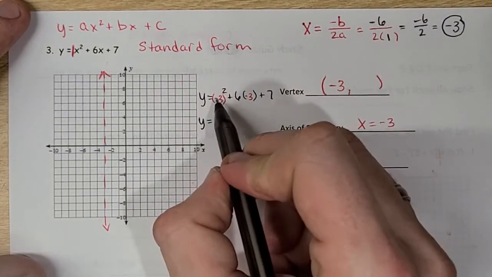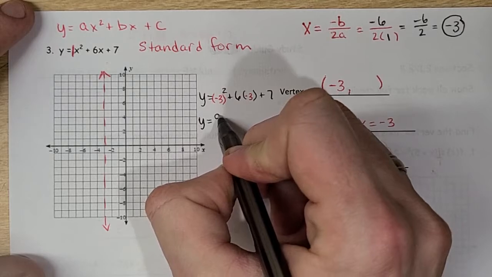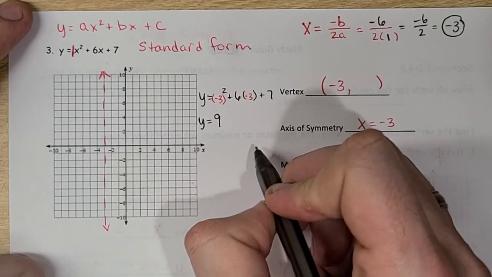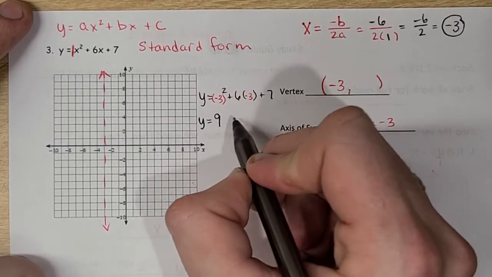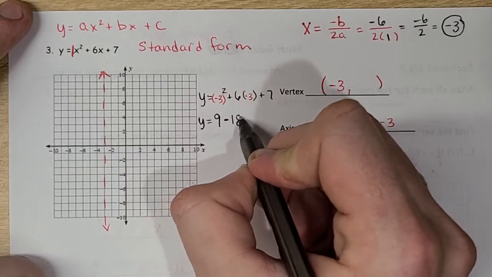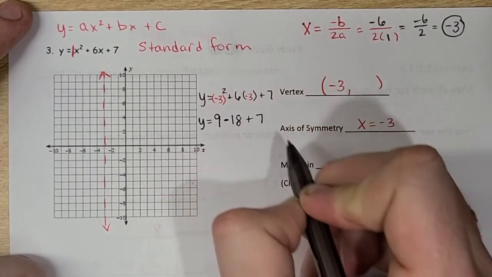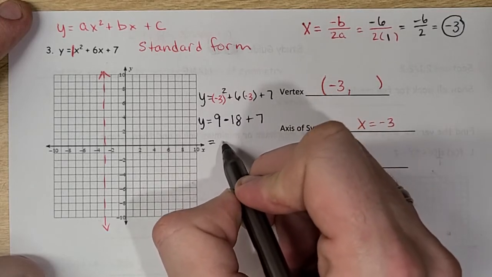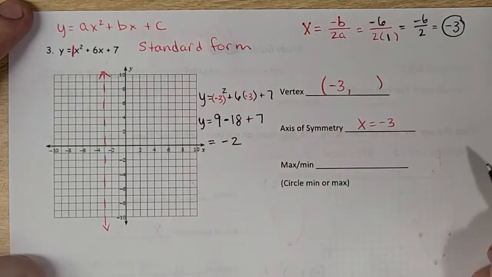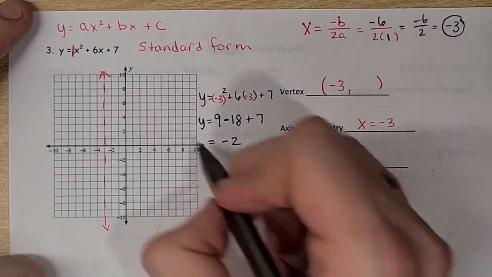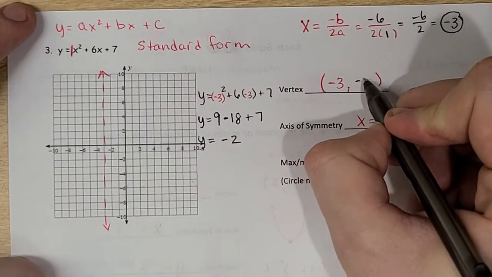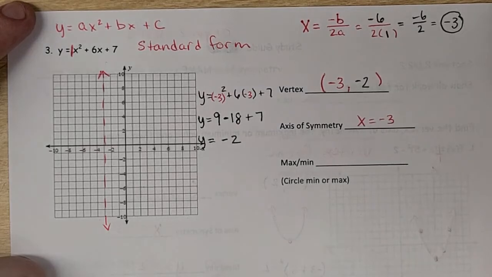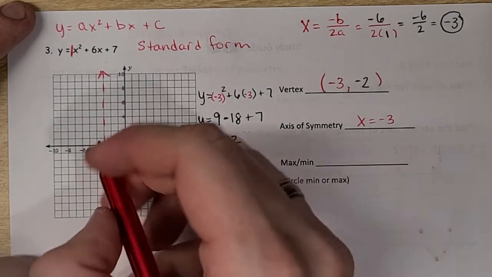Negative 3 squared is 9, because don't forget negative times a negative is a positive. 6 times negative 3 is negative 18, plus 7. 9 minus 18 plus 7, I believe, double check me, is negative 2. So that means negative 3 comma negative 2 is my vertex, which is right here.